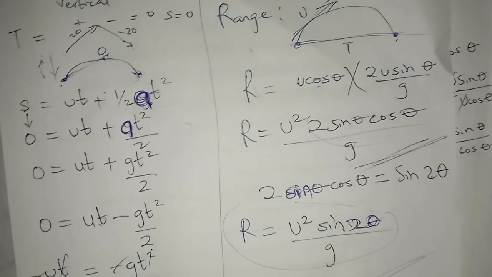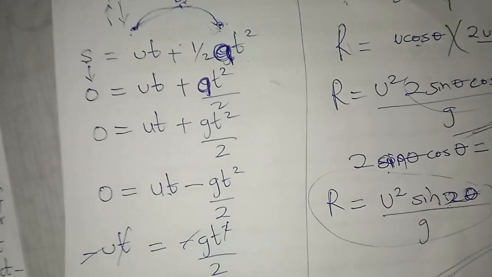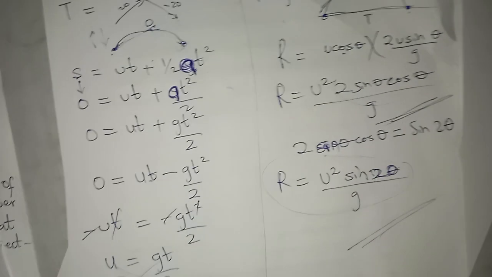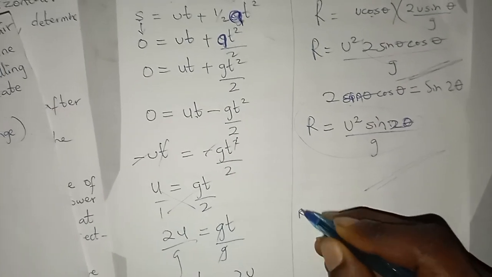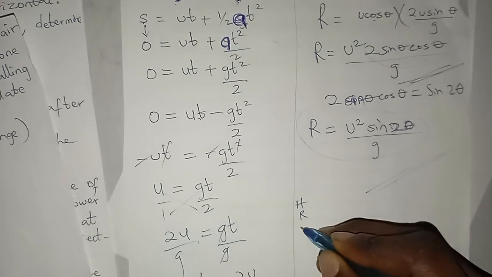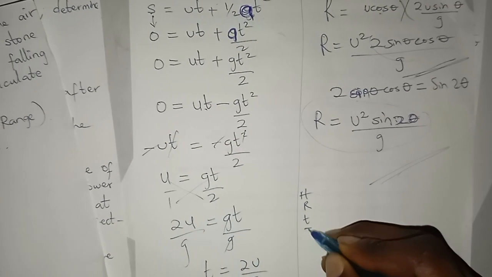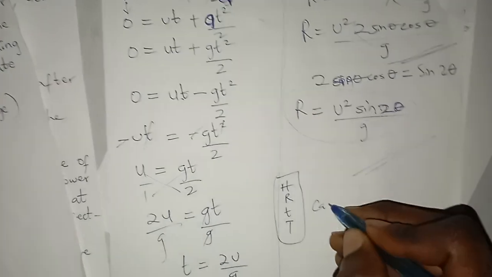Everything we've discovered from the time of flight down to this point is all under case 1. You use all these equations, like for range, maximum height, time to reach maximum height, and total time of flight, for case 1.